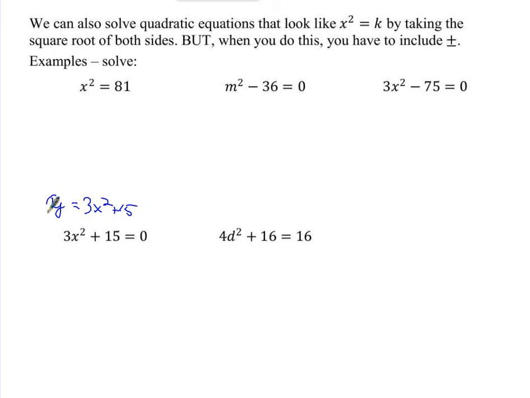If I turn that y into 0, then I have 3x squared plus 15 equals 0, which is exactly what this is right here. So what we're doing on this page is basically the same thing, except we're moving from graphing to using just algebra. And that's kind of what the rest of the chapter is about, using algebra to solve equations that look like this rather than having to graph, because graphing really is kind of a long process.